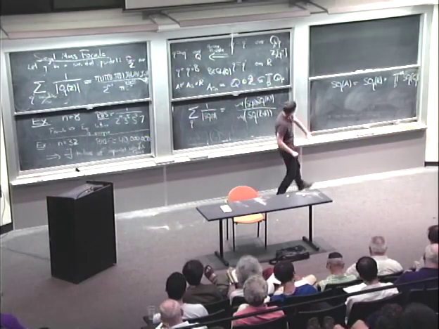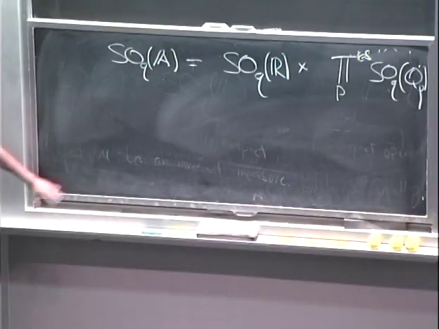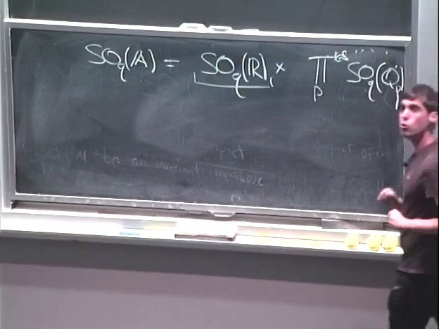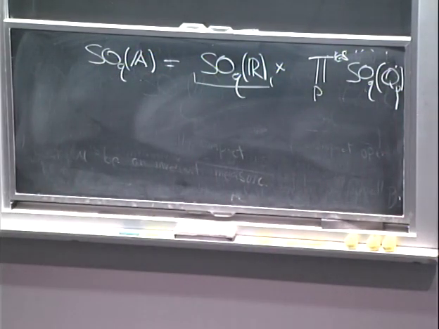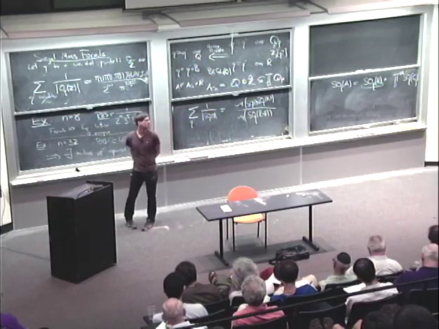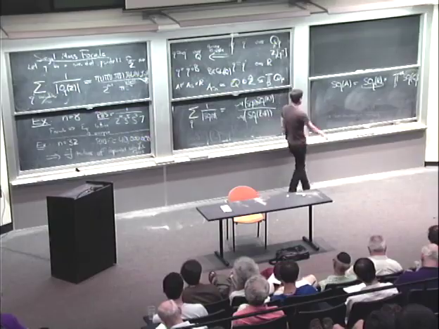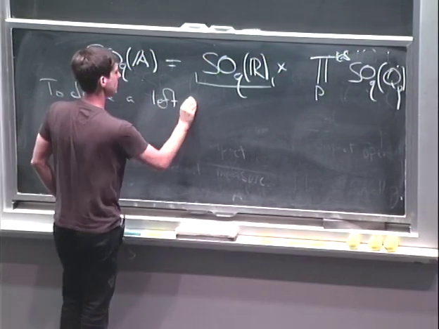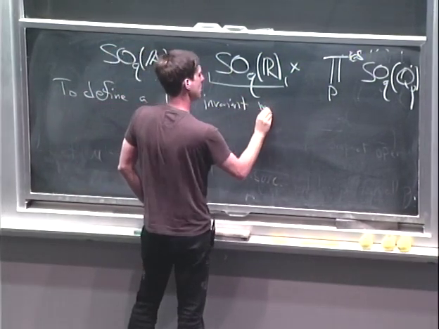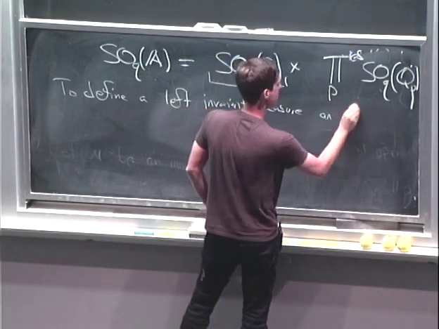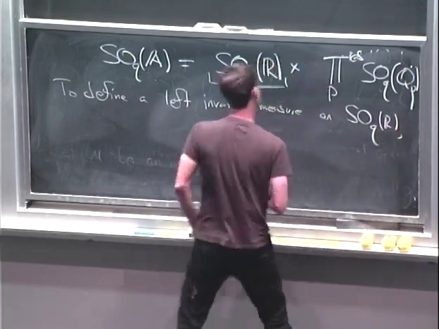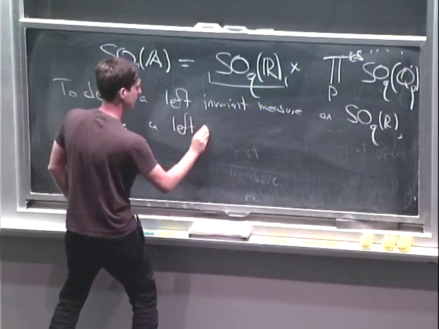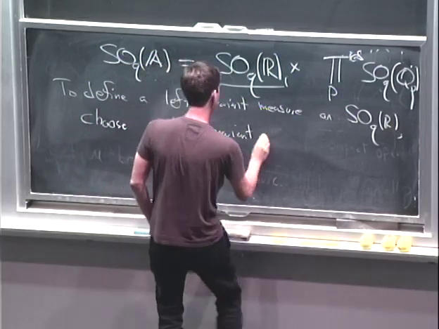So as a first step to defining a Haar measure on this big product, let's just think about defining a Haar measure on this group here. As I told you before, this is just the usual special orthogonal group of rigid motions of Euclidean space. It's a compact Lie group of finite dimension. So to define a left invariant measure on SO_Q of the real numbers, you can choose a left invariant differential form of top degree.